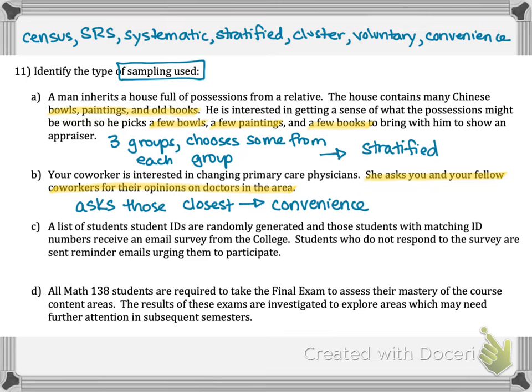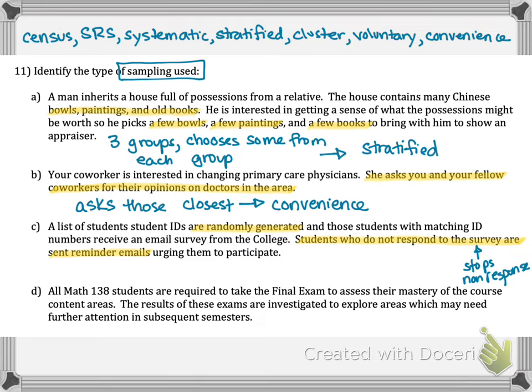One more time. A list of students' student IDs are randomly generated, and those with matching ID numbers receive an email survey. Students who do not respond to the survey are sent reminder emails. Okay, so this stops non-response, right? This allows students to have more than one opportunity to respond, which means this is not voluntary.